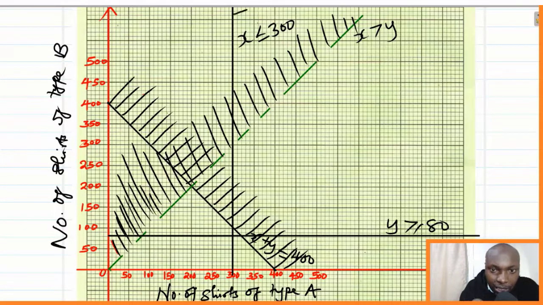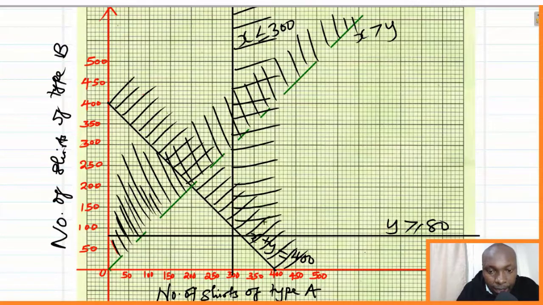So the side that is unwanted is to the right of that line, x equals 300. Why? Because the inequality requires less than, which is to the left of that line. That is the side that we require. The greater than side, which is the right hand side, is not required. So that one, we shade it like that.